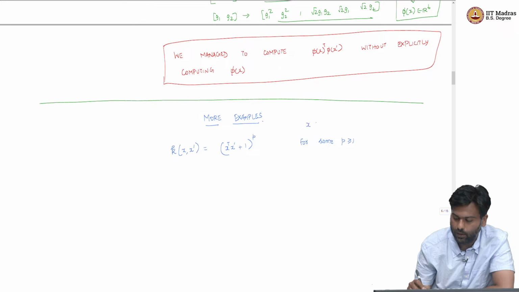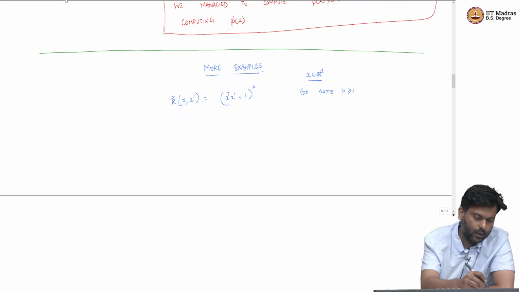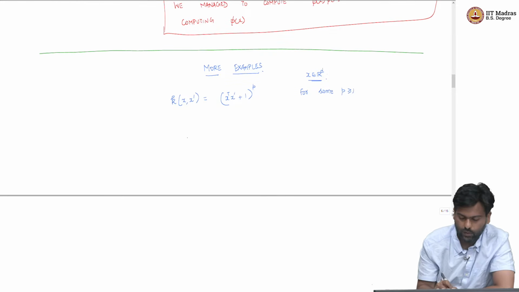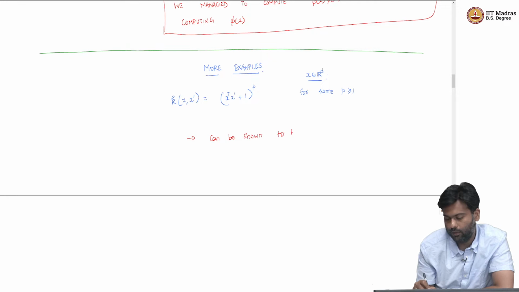Now, x can be in general d dimension. Now, the interesting thing is that, and we will not really prove this, this can be shown to be a valid function.